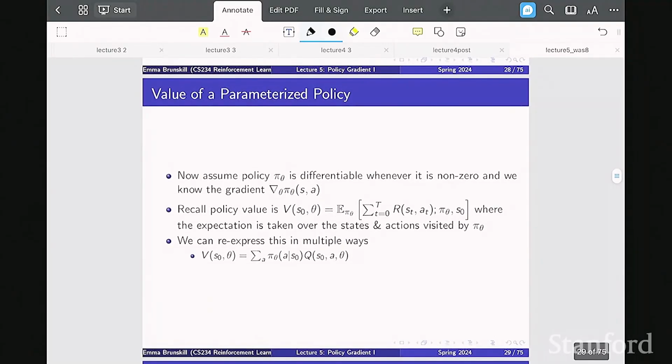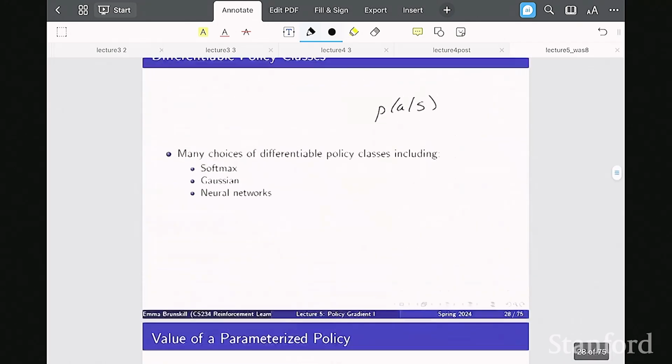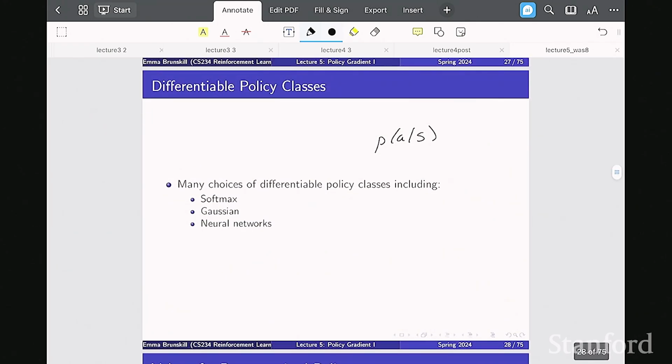I'm going to give you some examples of what softmax, Gaussian and neural networks look like in terms of how we differentiate them. But these are just different ways for us to parameterize the probability of an action given a state.